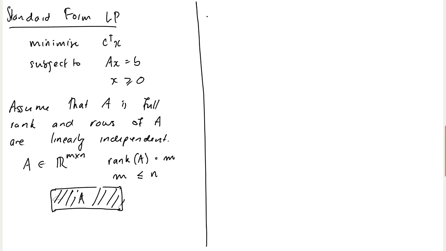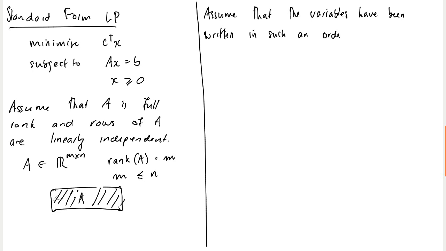Okay, so to get started, we're going to define a couple of important concepts. Assume for now that the variables have been written in such an order that the last m columns of A are linearly independent.